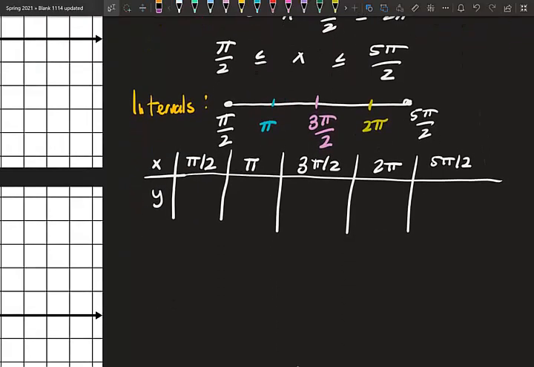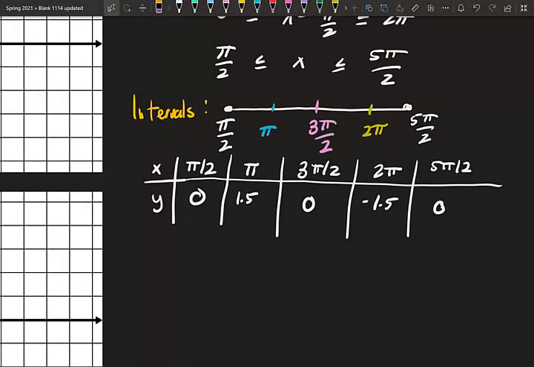When we plug in pi over 2, we get 0. When we plug in pi, we get 3 over 2, which is just 1.5. You can just use 1.5, it's easier to graph decimals. When we do 3 pi over 2, we get 0. When we plug in 2 pi, we get negative 1.5. And when we plug in 5 pi over 2, we get 0.